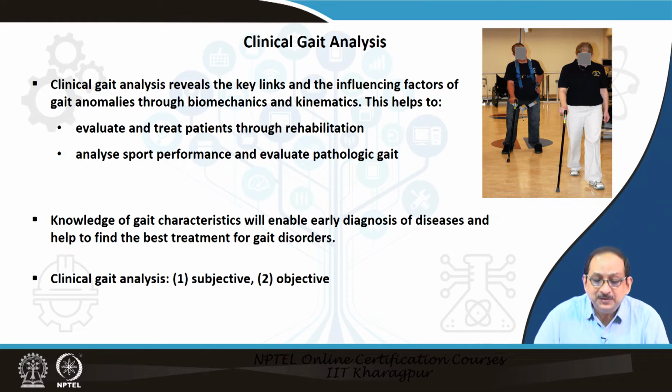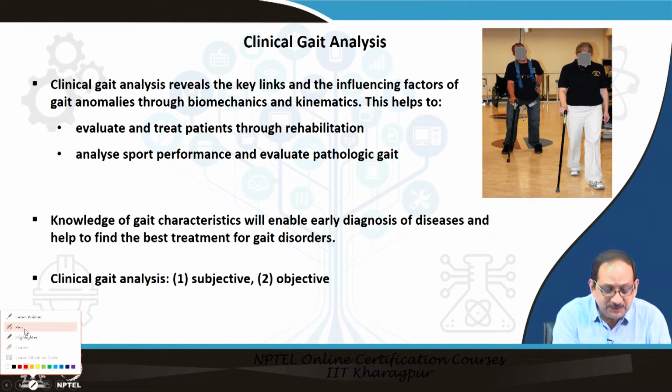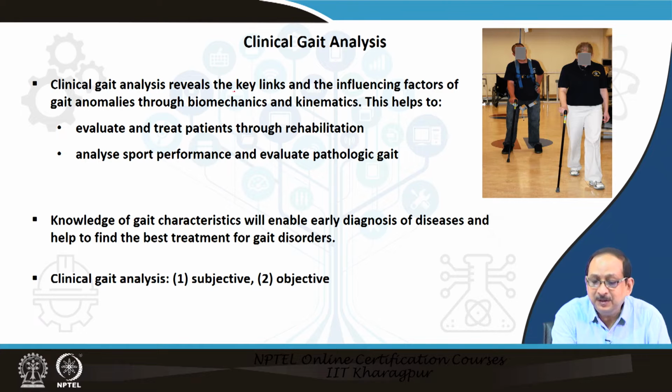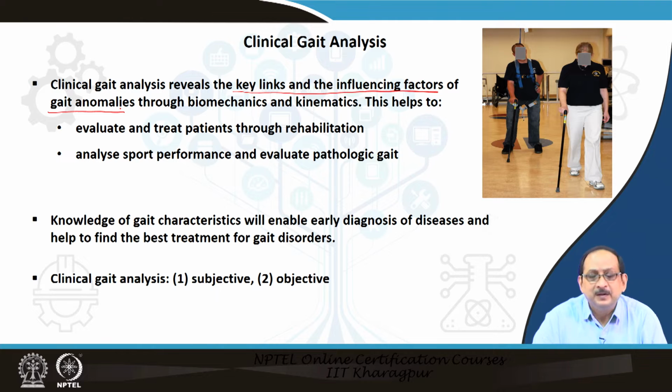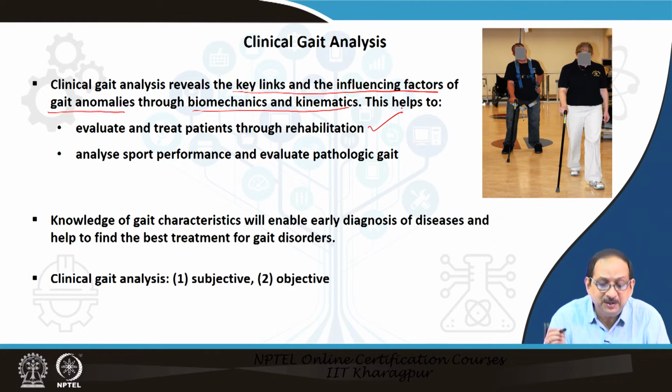Clinical gait analysis reveals key links and the influencing factors of gait anomalies, that is, deviations from the normal gait, through biomechanics and kinematics. This helps to evaluate and treat patients through rehabilitation and to analyze sports performance and evaluate pathologic gait.